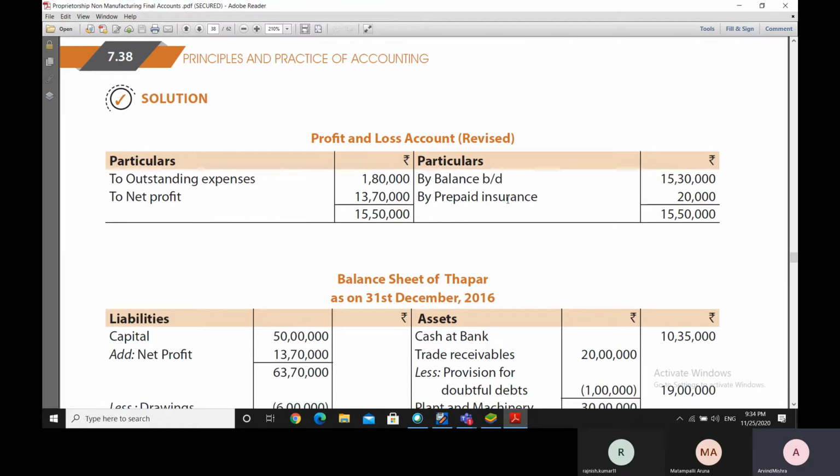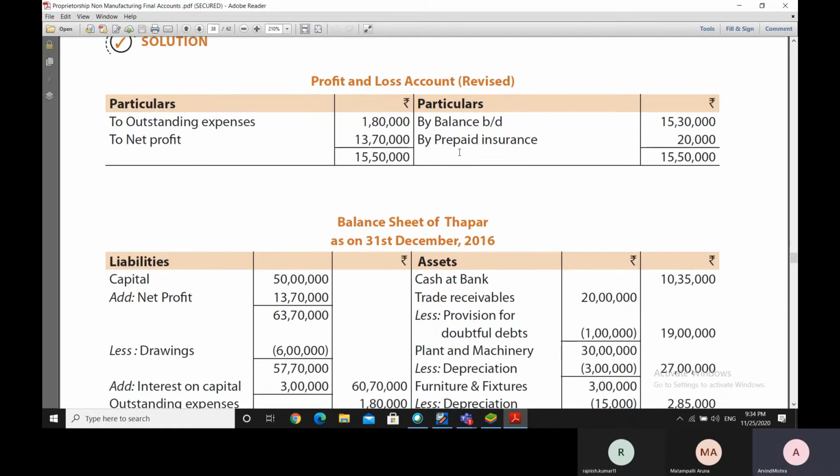And since that is not an expenditure, that needs to be credited back here. So therefore, when we credit the profit and loss account, we are debiting the prepaid insurance account. And we are crediting the profit and loss account with the prepaid insurance.